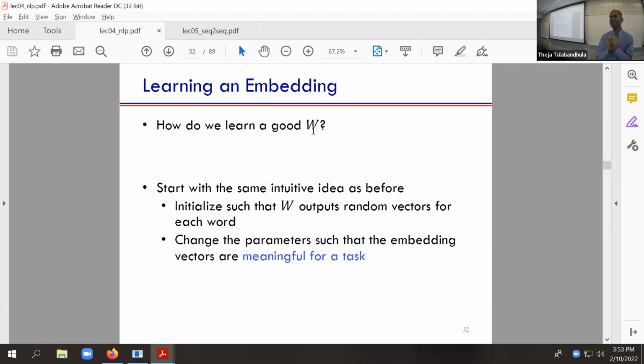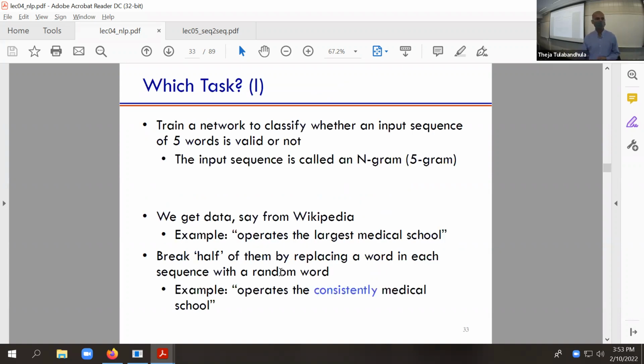These numbers themselves are parameters, and we change them such that we achieve something meaningful on a prediction task. So W has parameters: each entry in that matrix is a parameter, and you change the parameters such that you do well on the prediction task.